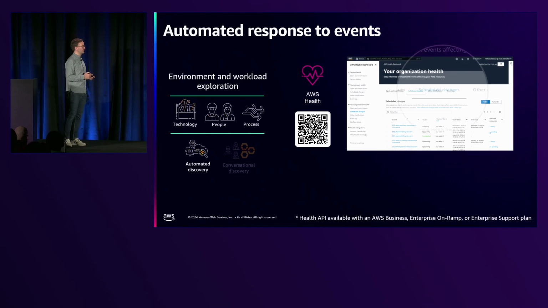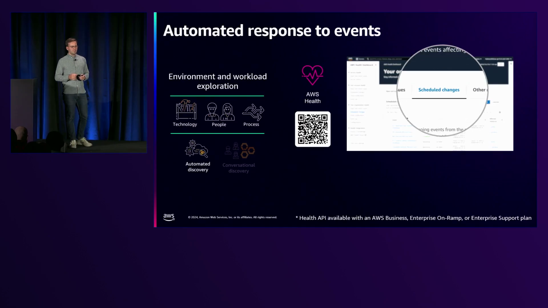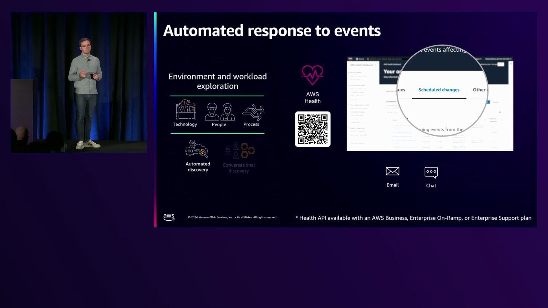For example, there are scheduled changes that you can see in AWS Health. Scheduled changes could be, for example, a MySQL engine end of support, or a Kubernetes engine end of support. So it can happen. And for that kind of event, you will get an alert from AWS Health.